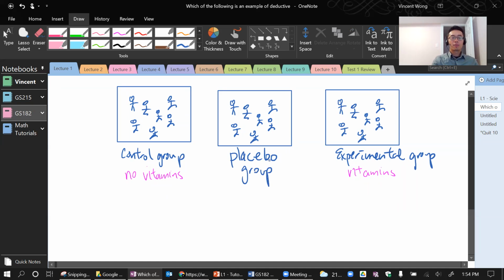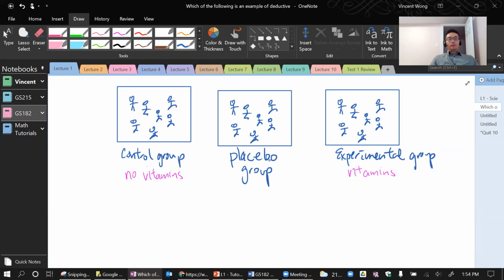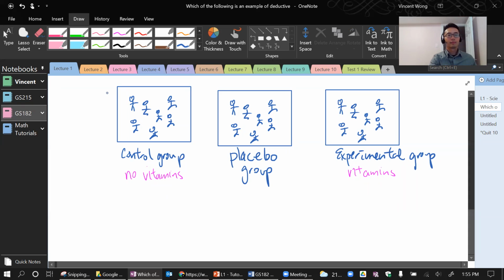Can someone explain to me what a placebo is, please? It's like you make them think that they're taking vitamins, but really they're taking something that doesn't do anything at all. Exactly, like a sugar pill.